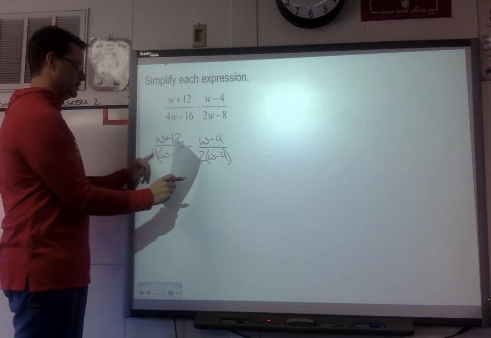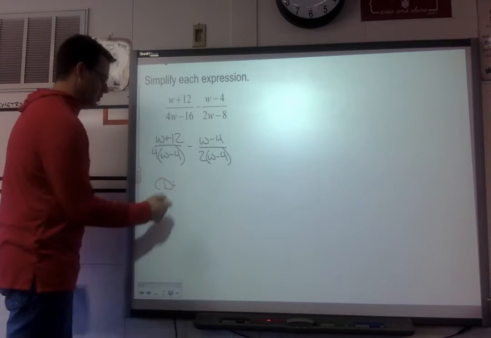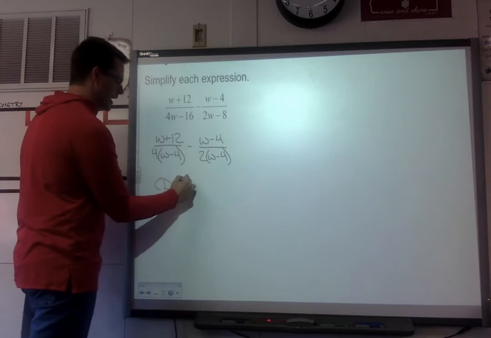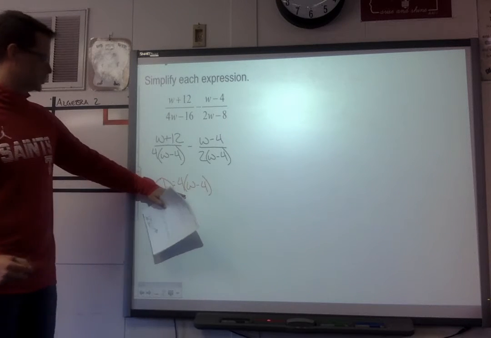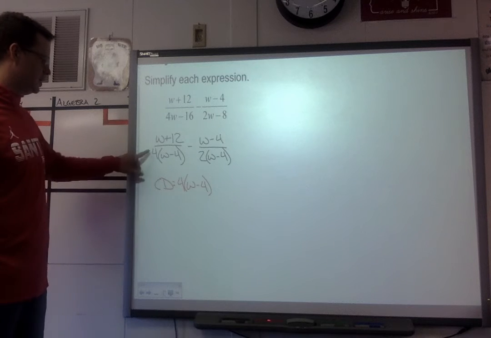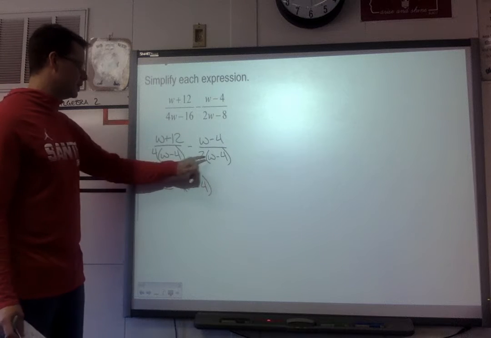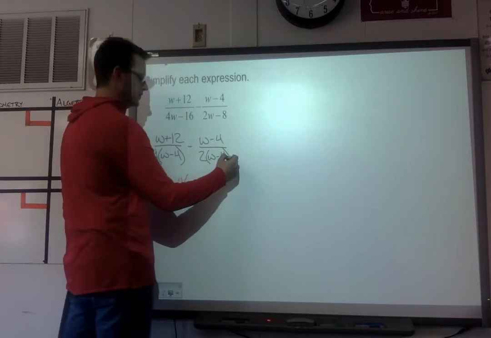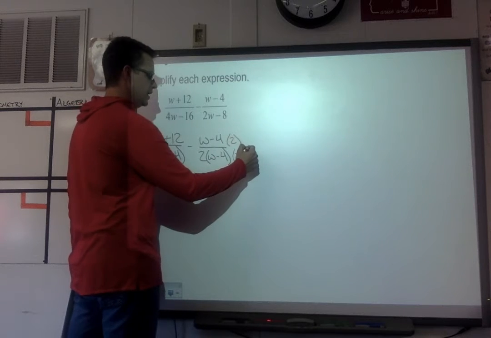Now, the number outside, that constant, the smallest number that 2 and 4 both go into is 4. Then w minus 4, the highest power it has as a factor, is the first power. So our common denominator will be 4 times w minus 4. Now on the left, we've already got that, so we don't have to multiply by anything. The right term, in order to get a 4 outside the parentheses, we need to multiply by 2, numerator and denominator.